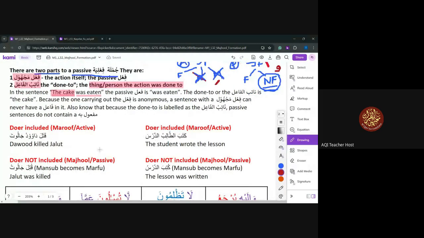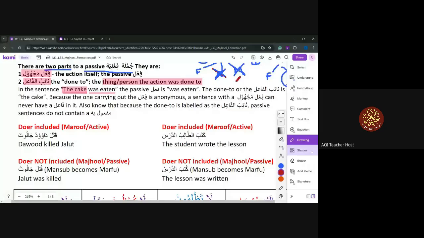Let's see the difference between an active jumlatul fi'liya sentence and a passive one. The standard example we use for verbal sentences is Qatala Dawudu Jaluta, meaning Dawood killed Jalut. Here, the first opening verb is Qatala.